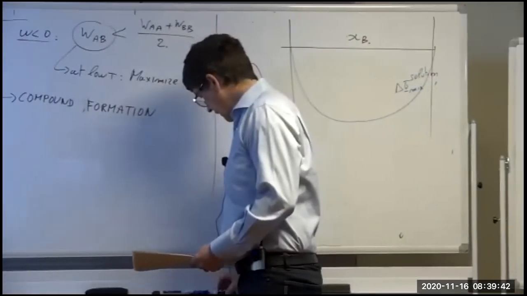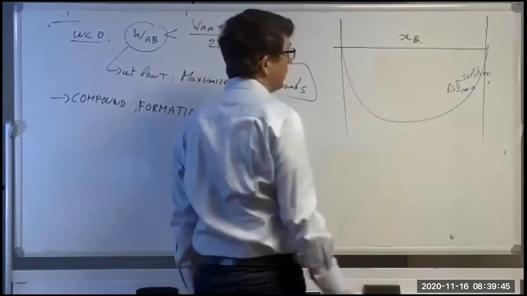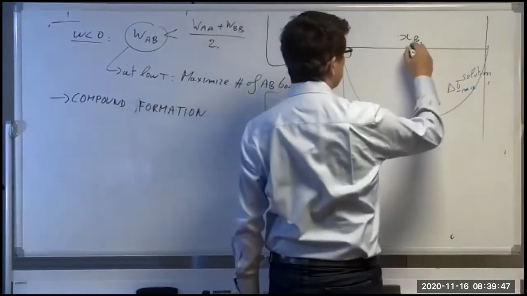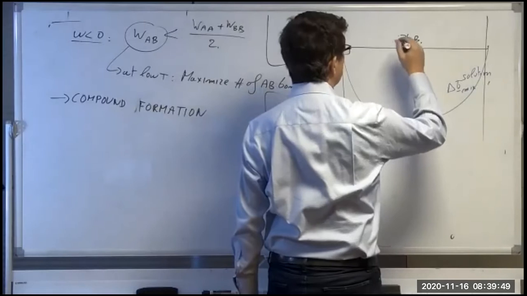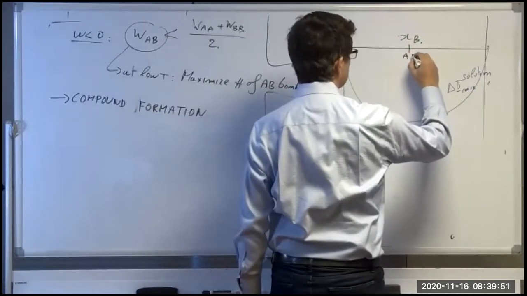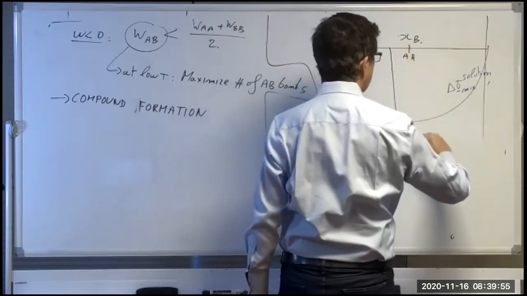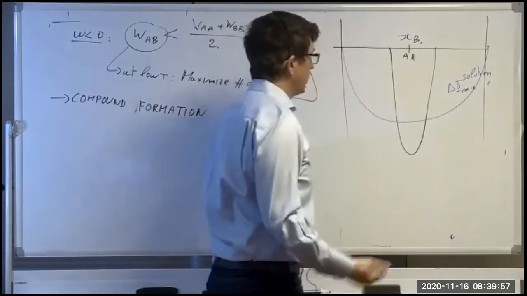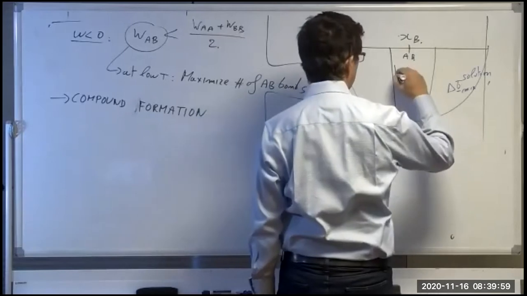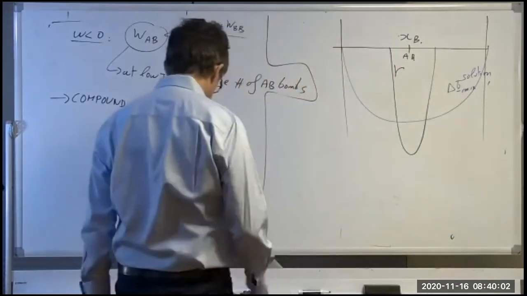Then at some point, a compound, let's do it at 50-50, so we have AB composition. So a compound will have lower free energy. Let me give this thing a name. I'll call this gamma, since I've already used alpha and beta.